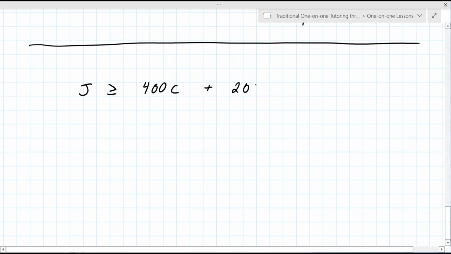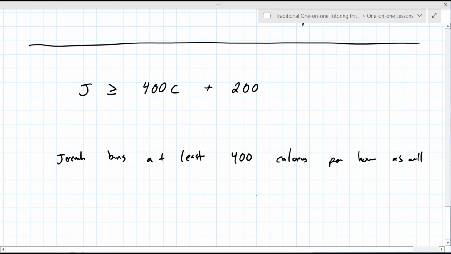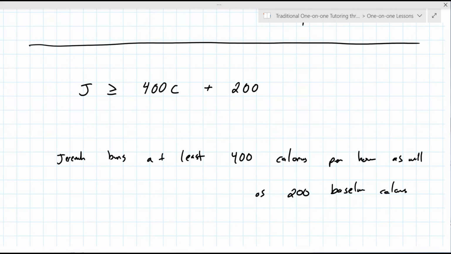In this problem, I would want you to say something like Jeremiah burns at least 400 calories per hour, as well as 200 baseline calories just from your normal stuff.